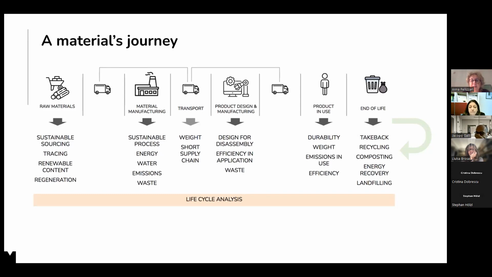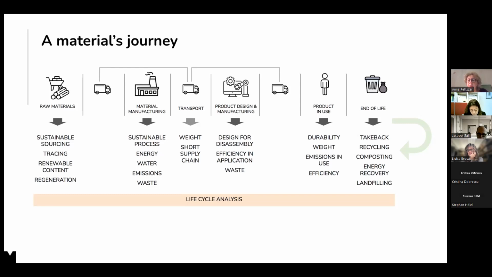Okay, efficiency in application, and then reduction of waste, so of scraps and everything. And then we have the product in use. Also in that case, the material can play a role in terms of durability, weight, emissions in use, all the VOCs things. And also in terms of efficiency, like energy efficiency, so materials for insulation, for instance.